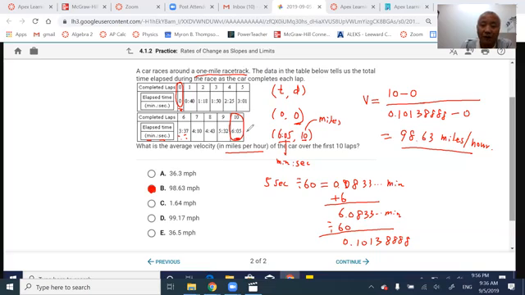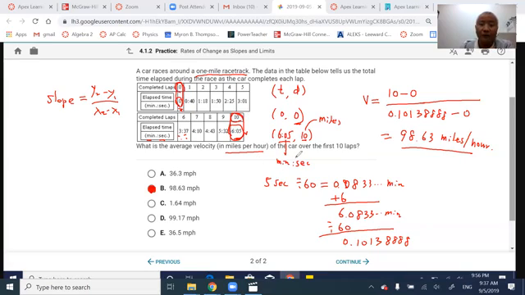So simply use y2, because that's the slope. Actually we're finding the average speed, we're finding slope. Slope is equal to y2 minus y1 over x2 minus x1, like that.